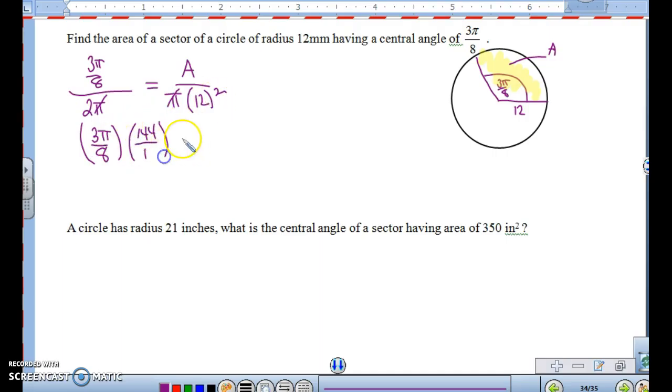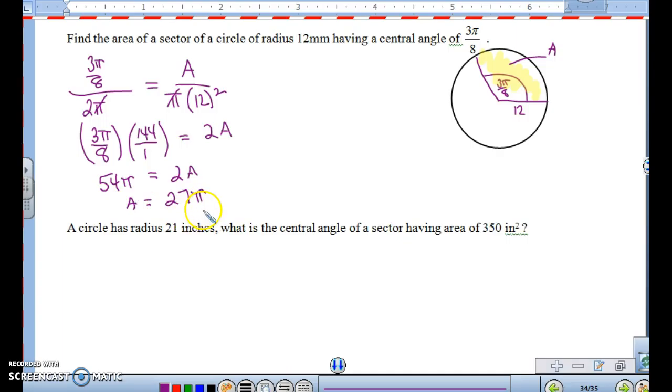I'll put it over 1, just keep it lined up, is equal to 2A. All right, if I multiply this out, 3 times 144 divided by 8 is 54 pi is equal to 2A. And then divide by 2, A is going to equal 27 pi.